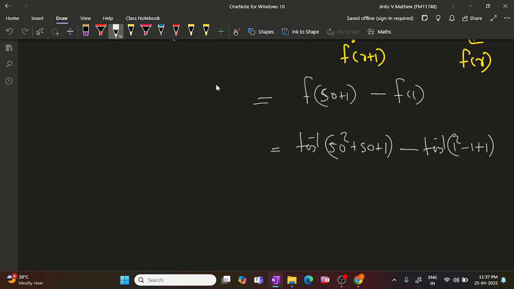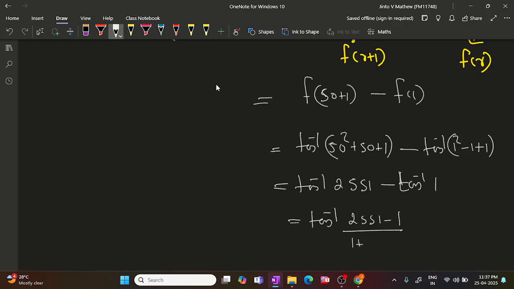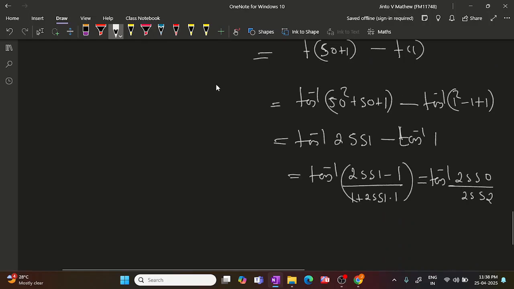Which is equal to tan inverse 2551, since 50 square is 2500 plus 50 plus 1, minus tan inverse 1. Again, applying tan inverse x minus tan inverse y, this can be written as tan inverse of 2551 minus 1 divided by 1 plus 2551 into 1, which is equal to tan inverse 2550 by 2552.